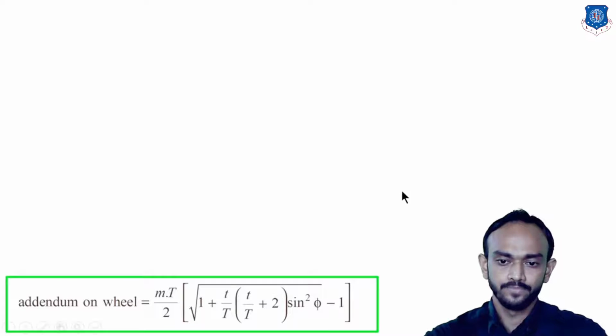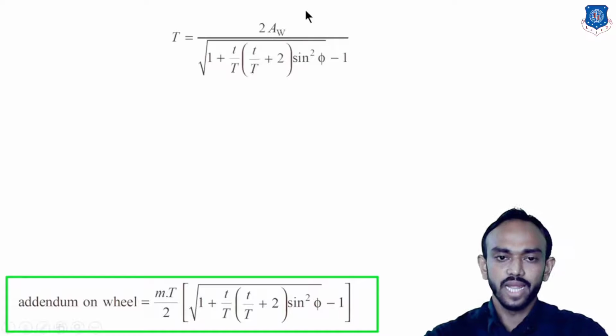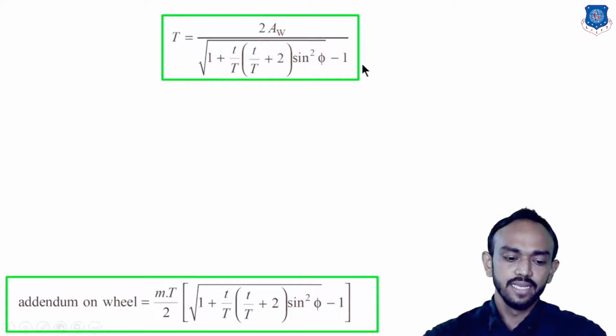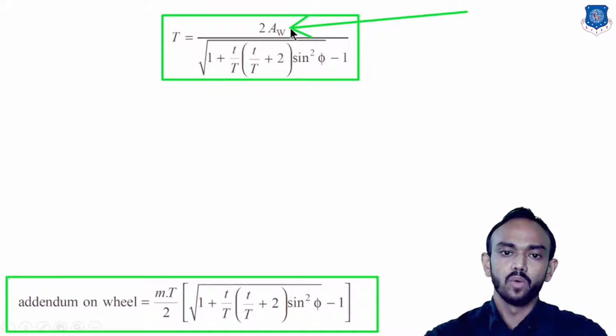First of all, we know that this is the minimum number of teeth to avoid interference in a wheel, and in this, what is capital AW?